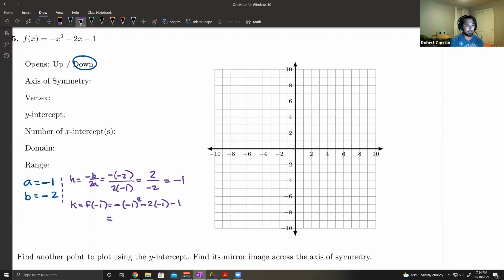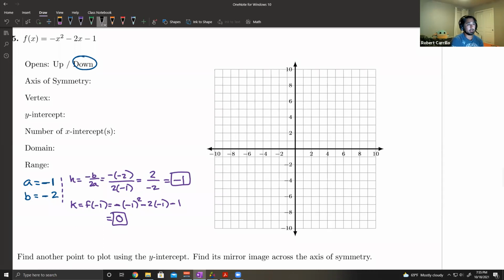All those negatives. Let's see what that becomes. Negative 1 squared is 1, but it's negative. And negative 2 times negative 1 becomes positive 2. So you get negative 1 plus 2, which is 1. And 1 minus 1, we get 0. There we go. I'll box those up.